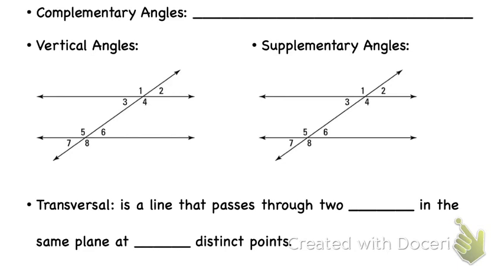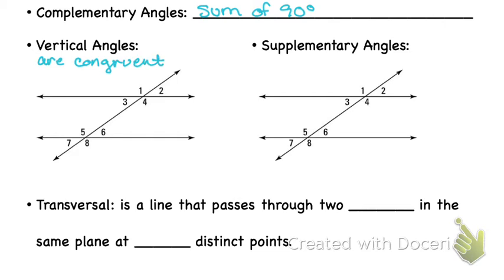Complementary angles have a sum of 90 degrees. Okay, vertical angles are congruent. Now remember, the angles themselves are congruent.